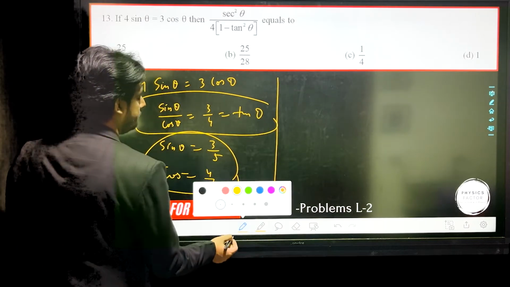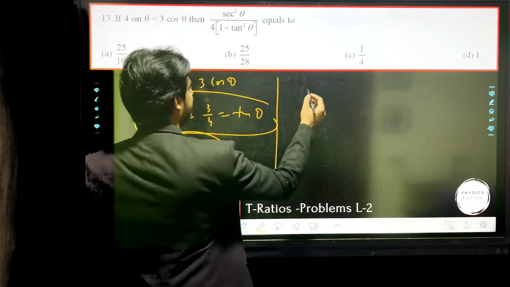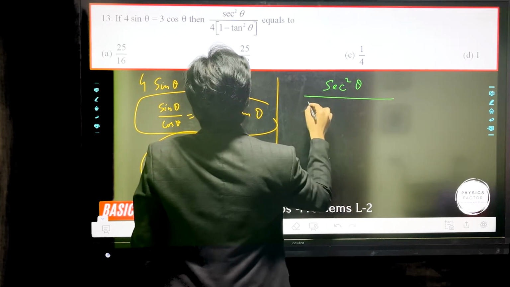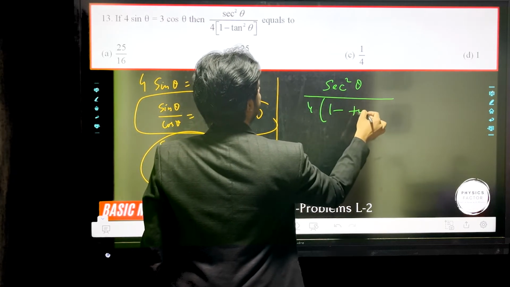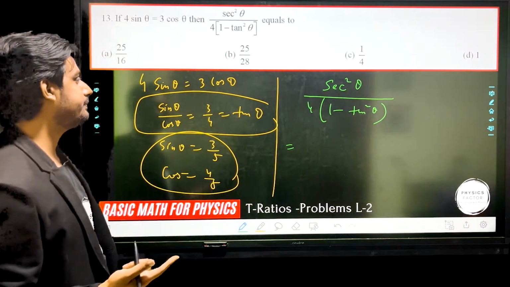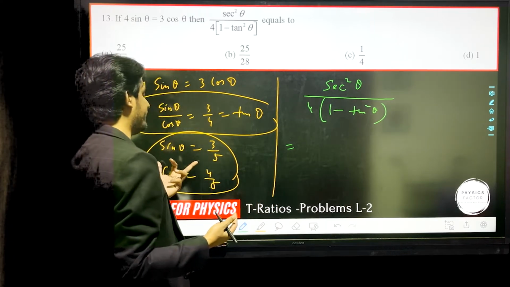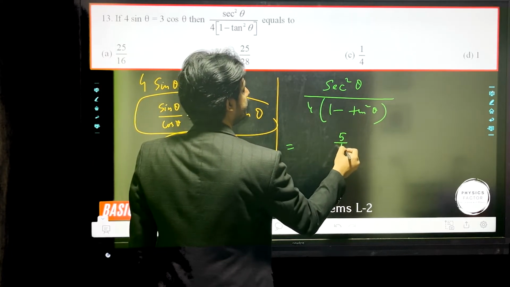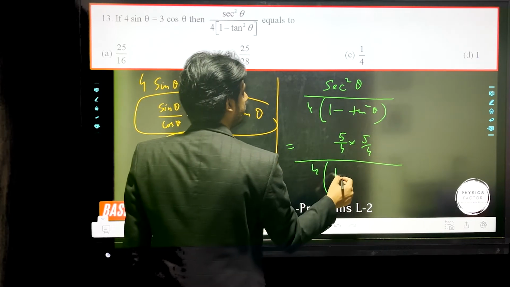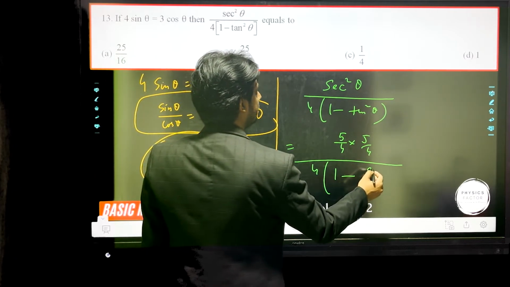Okay. So now let's calculate this value. I'll write the expression: sec square theta upon 4 into (1 minus tan square theta). So sec square theta is basically 1 upon cos square theta, and cos theta is 4 by 5. So sec theta is 5 by 4. So 5 by 4 into 5 by 4 upon 4 into (1 minus tan square theta), and tan theta is 3 by 4, so 9 by 16.